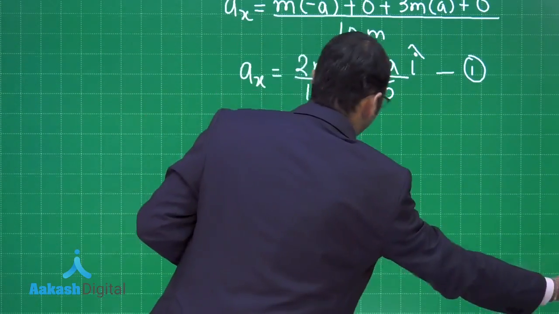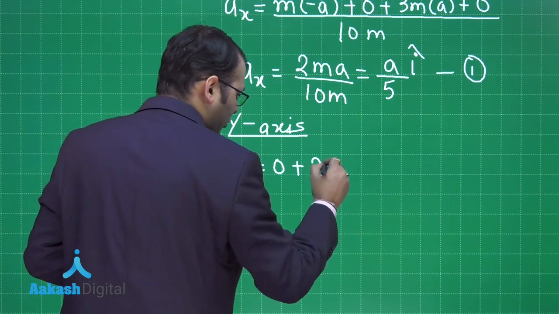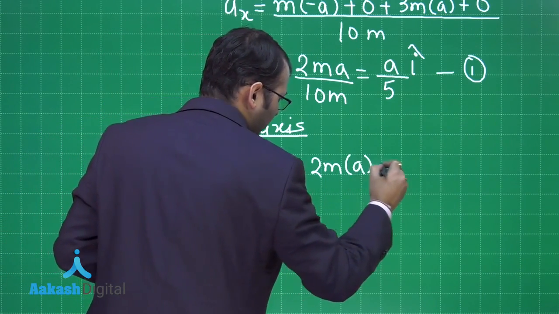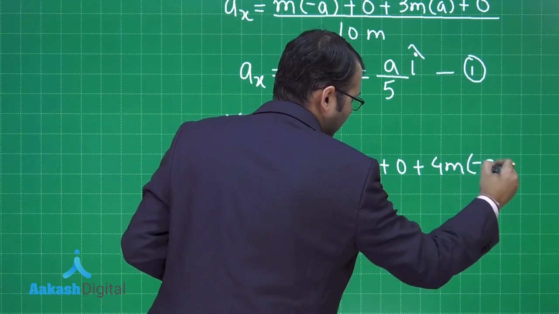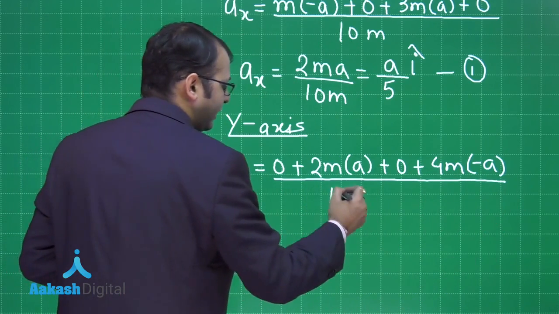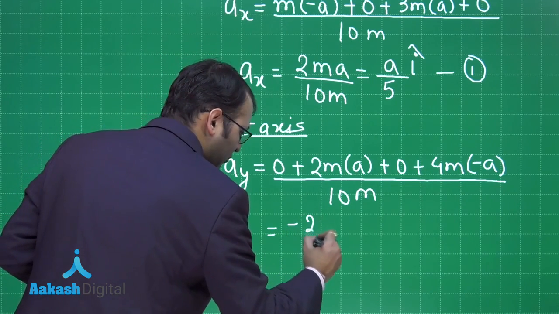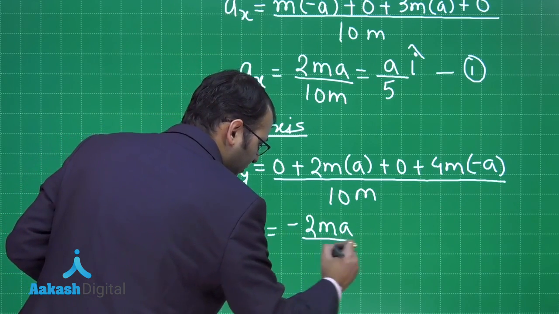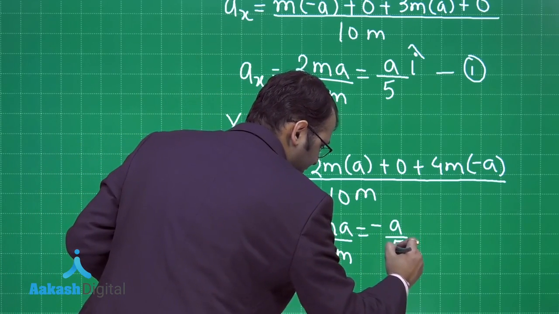So for acceleration along the y-axis, I will write 0 for A, for B it would be 2M into a, 0 for C, then 4M into minus a for D, and this whole should be divided by total mass, that would be 10M. On solving this, you will get minus 2Ma divided by 10M, that is minus a by 5, right?